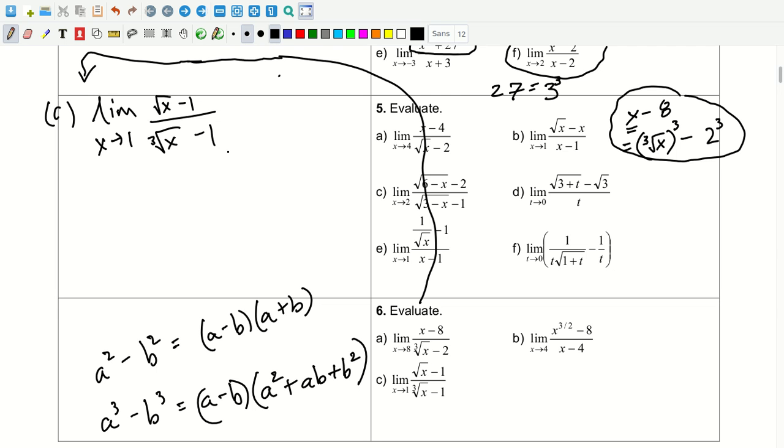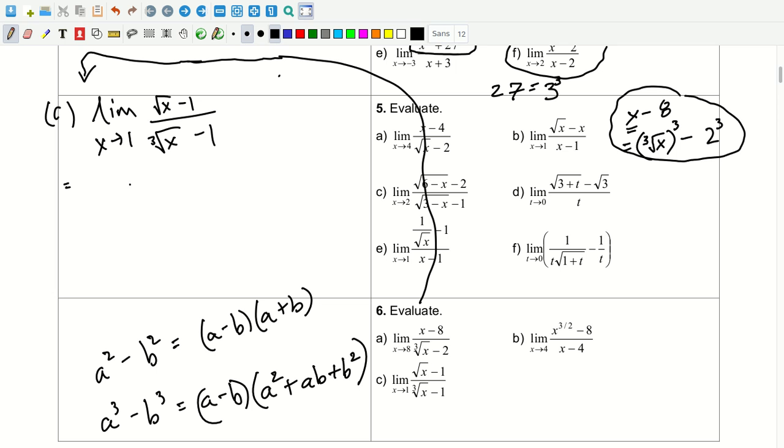Now, in this case, I obviously can't plug in 1. I can't just go ahead and do direct substitution because I get 0 on the top, and 0 on the bottom. The cube root of 1 is 1. So I can't do that. So I got to figure out something.